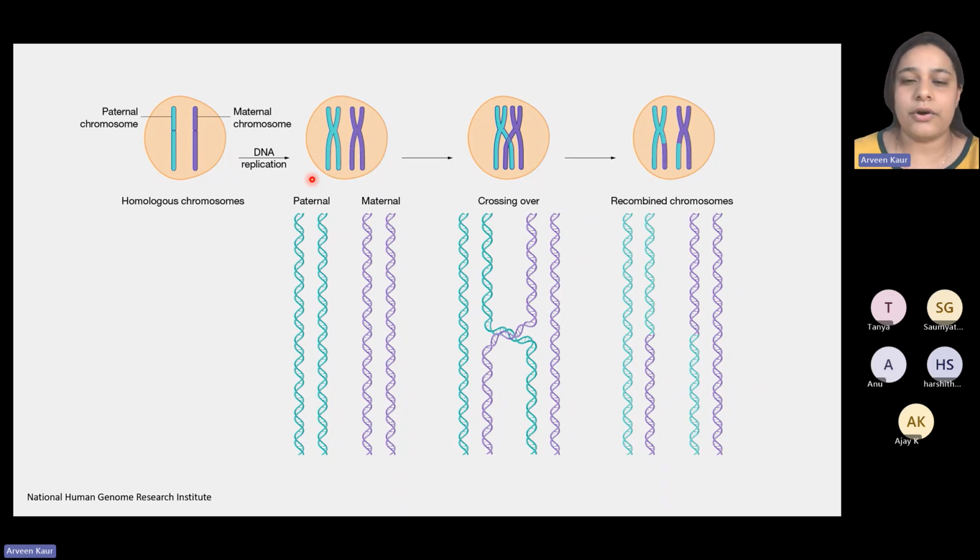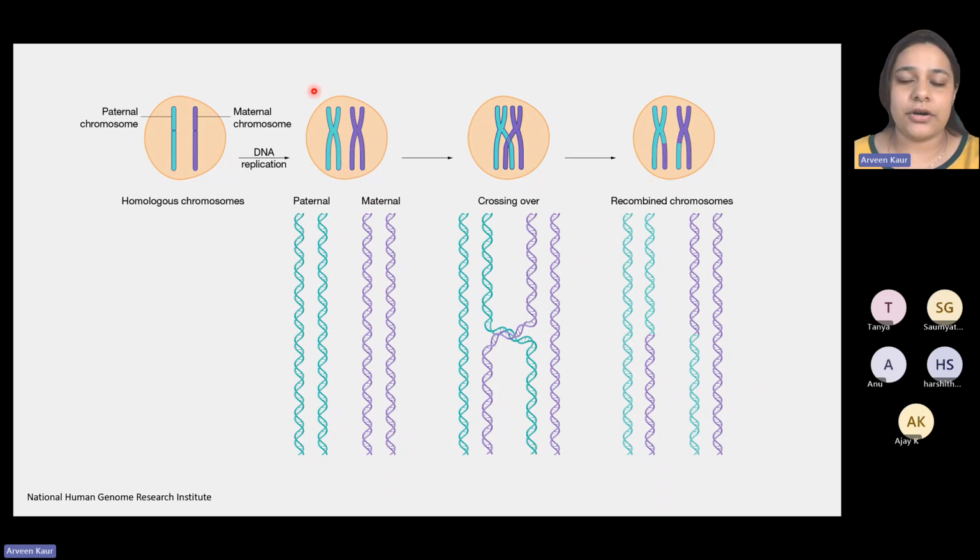In our own genome, we have two copies of genes, right? One copy is from our father and one copy is from our mother. The paternal copy is drawn as green, and the maternal is drawn as mauve or purple.